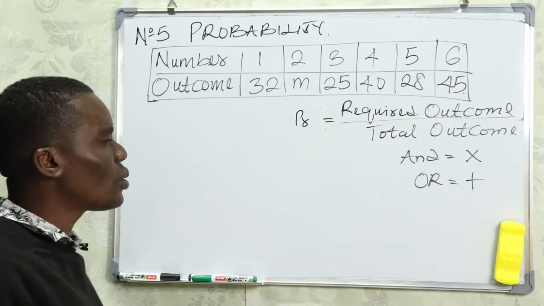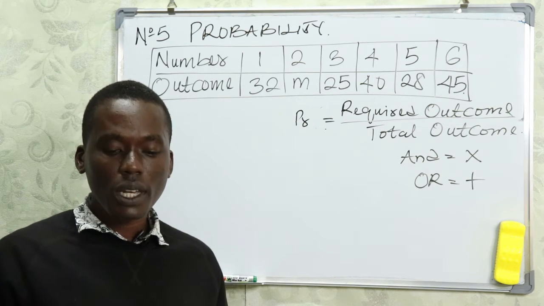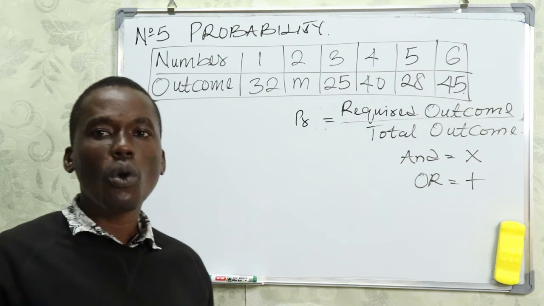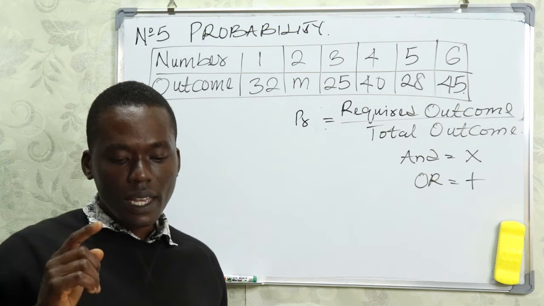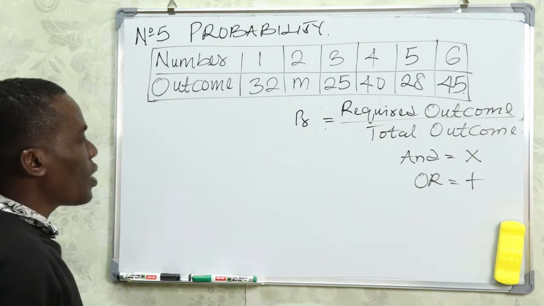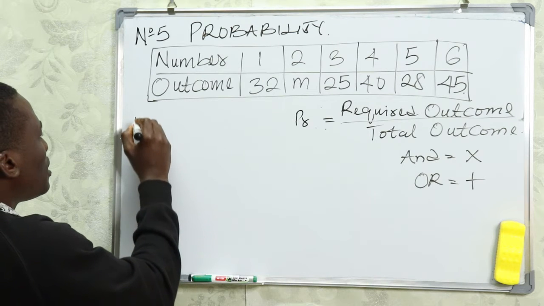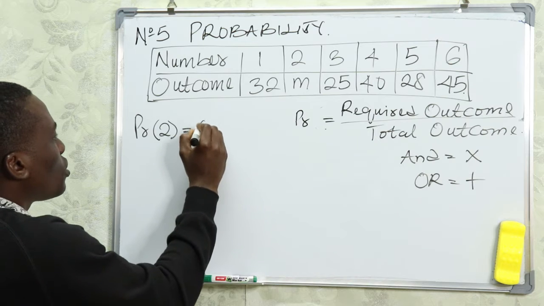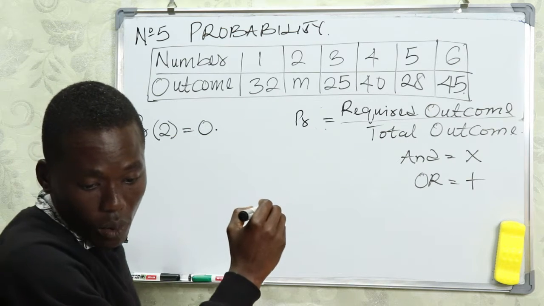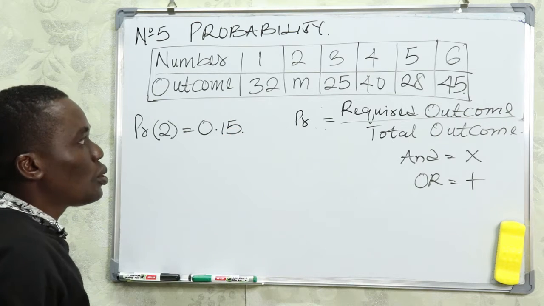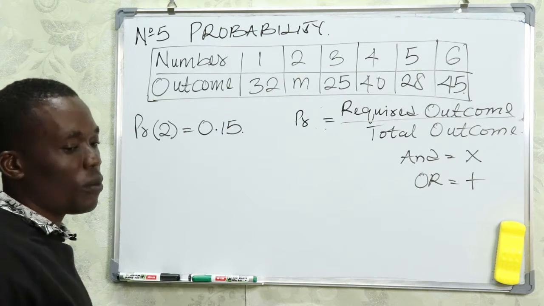Now remember the first question. The first question says if the probability of obtaining 2 is 0.15, you should find the value of m.